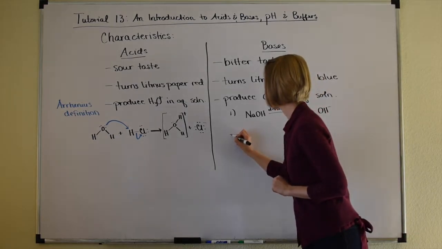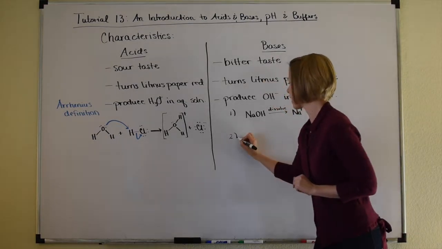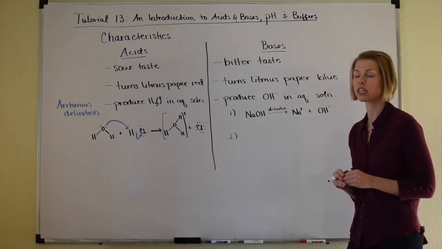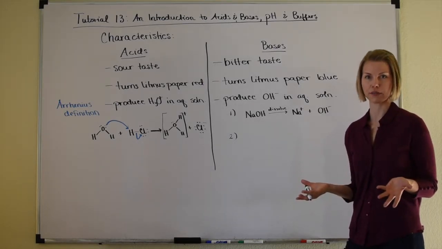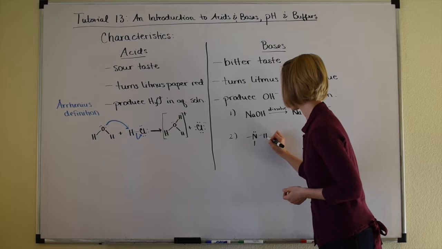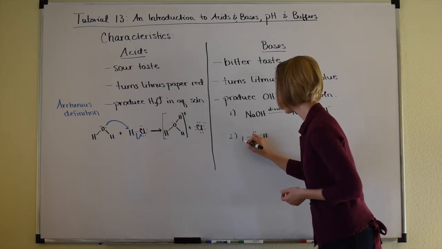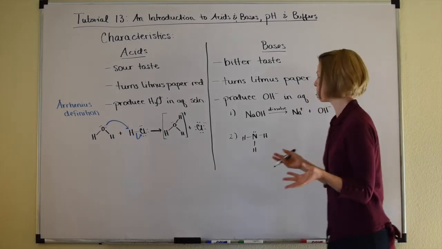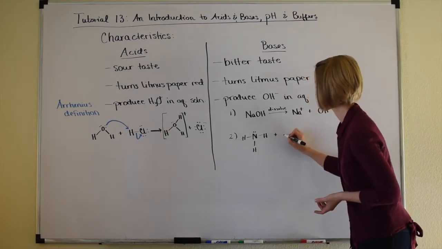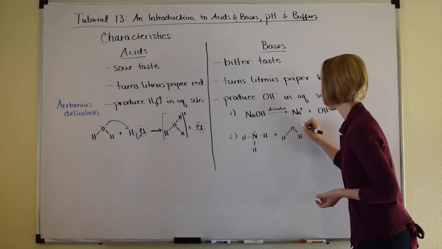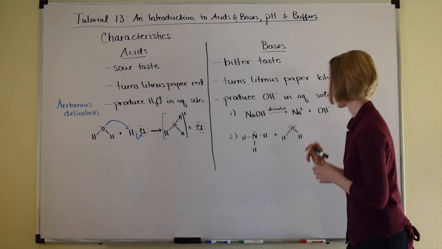The second way that a base can produce hydroxide anions in solution is through a chemical reaction. So let's use ammonia, NH3, as our example. And again, I'm going to draw out the full Lewis structures and show the electron flow in this chemical reaction with water to produce, this time, hydroxide anions.